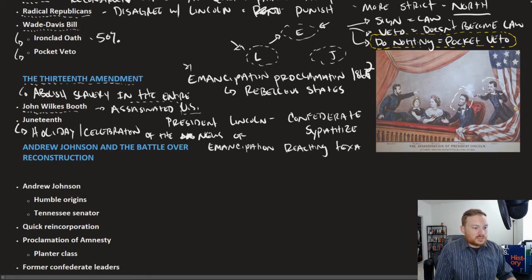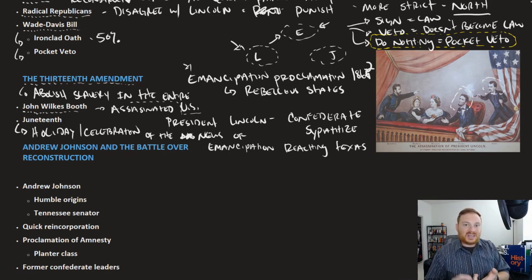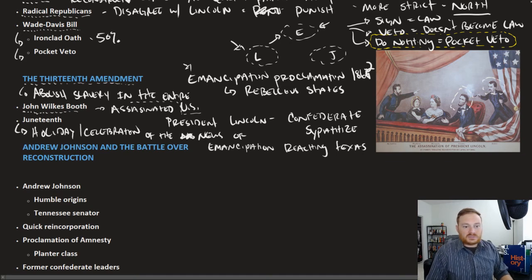So Juneteenth is sometimes celebrated as the day of emancipation because even though earlier laws like the Emancipation Proclamation, like the 13th Amendment abolished slavery, that news didn't always travel so quickly. And so Juneteenth was the day that it had reached specifically Galveston, Texas.